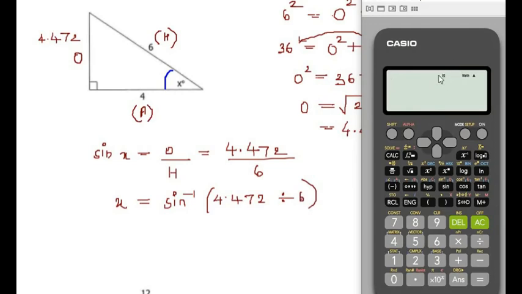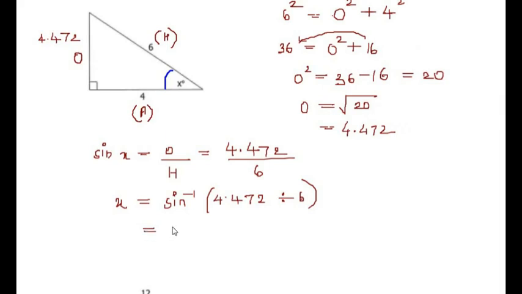Again, make sure that the calculator is on degrees. So we take shift and sine inverse, and we get 4.472 divided by 6. So we get 48.18.